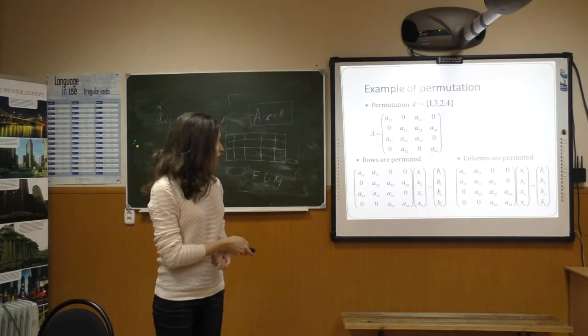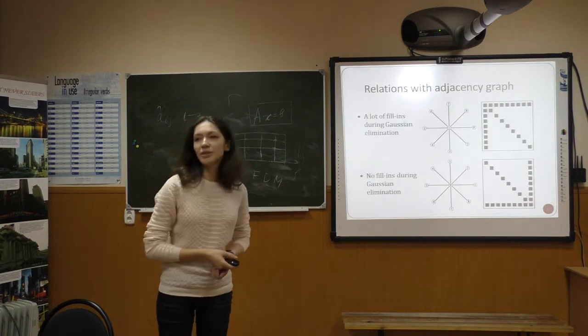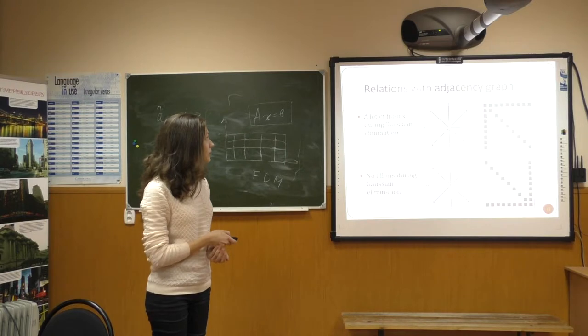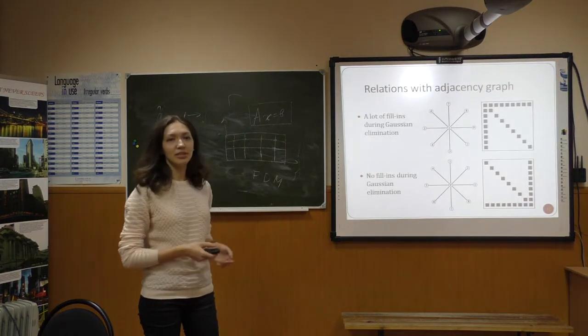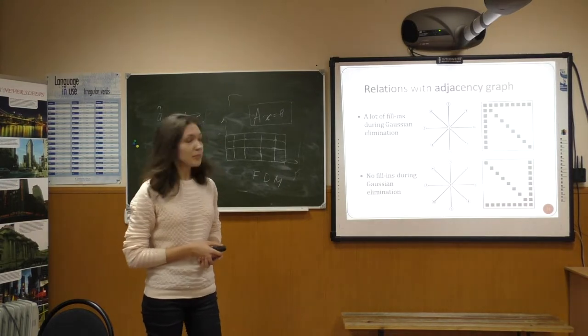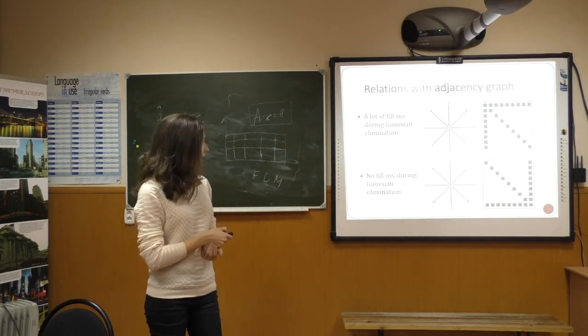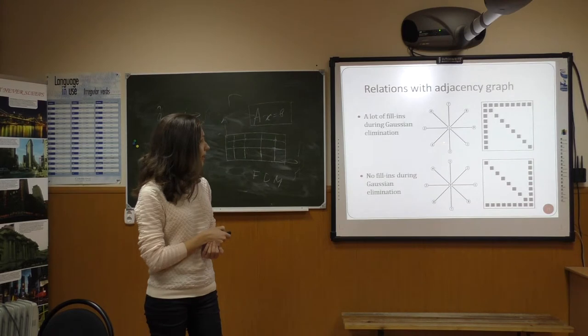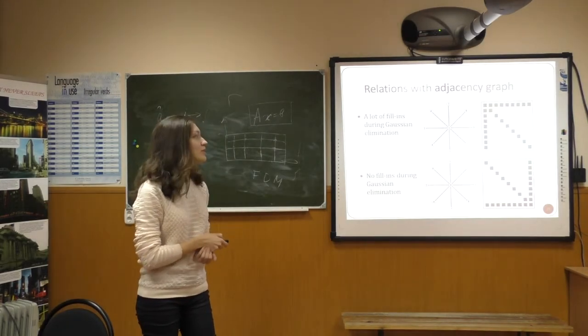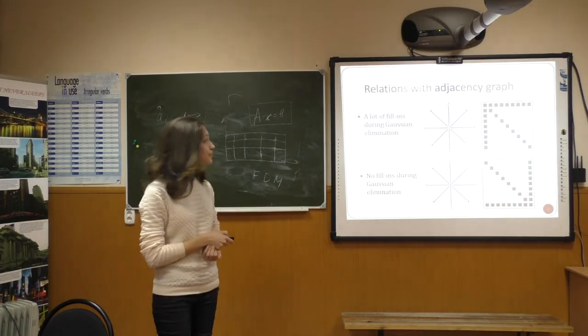Okay, so why do we need this permutation and reordering, and how is it related to the adjacency graph? Let me show you another example. So this is the graph and the corresponding matrix. Both of these matrices are arrow matrices.